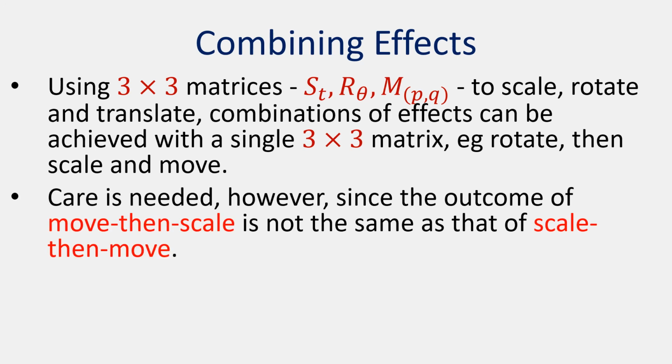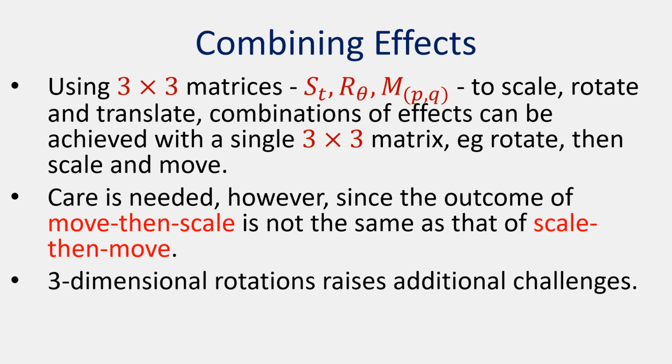We have to be careful though, because the order is very important. The result of moving an object, then scaling that outcome, is not the same as the result of scaling an object and then moving it. And 3-dimensional rotation, as I've suggested, raises some quite significant additional challenges.